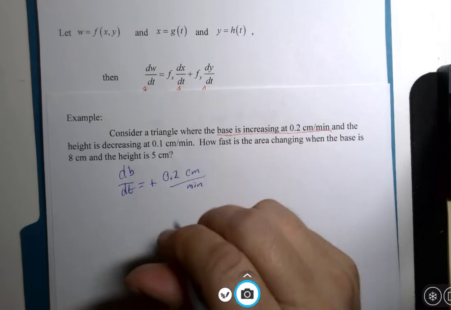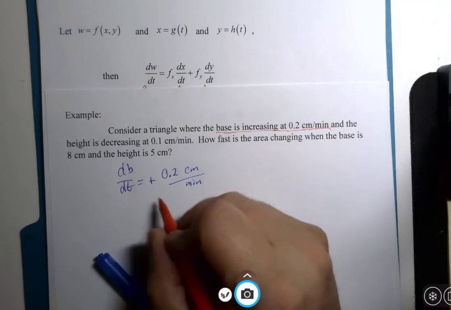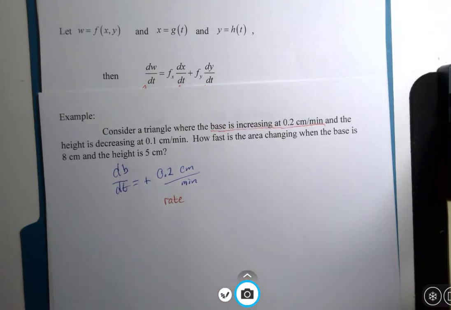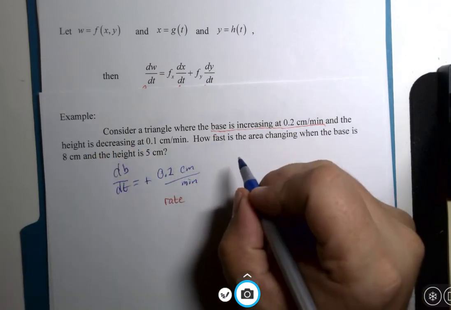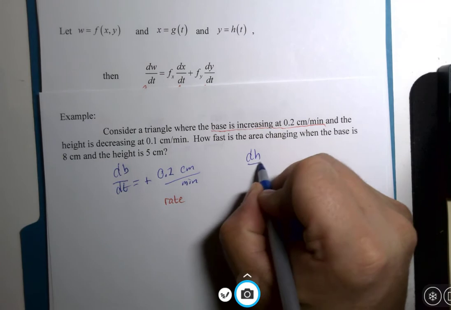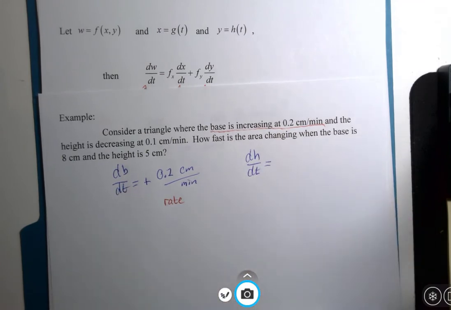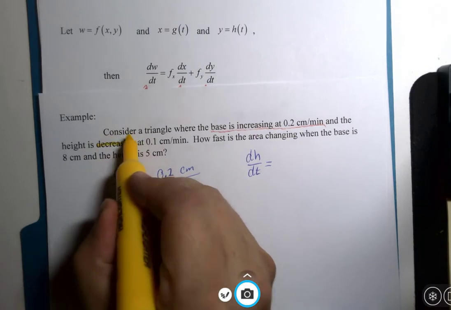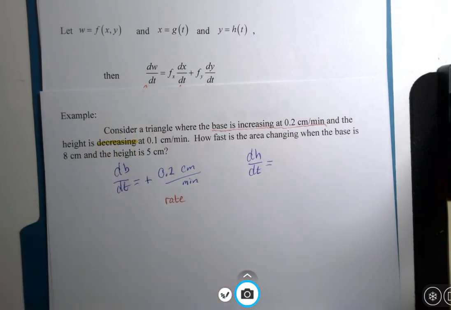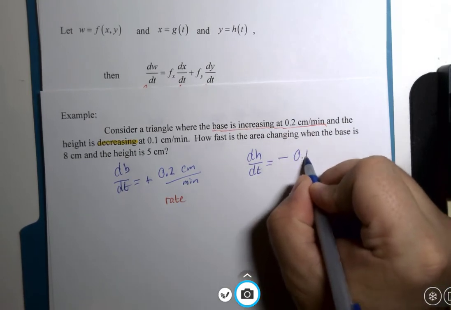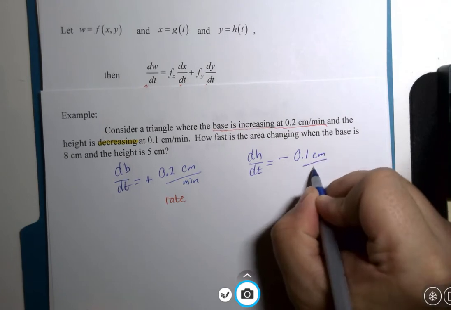You see, that's a rate. And then right here it says that the height is changing also, so dh dt, but the height is decreasing. Decreasing means it's getting smaller. We'll put a negative to represent that, 0.1 centimeters per minute.